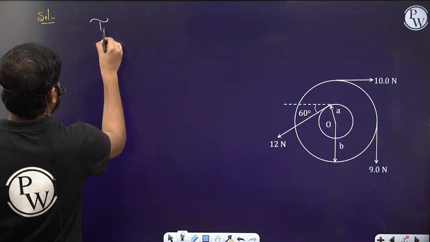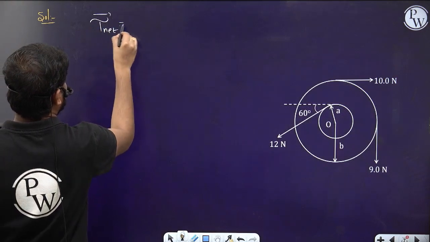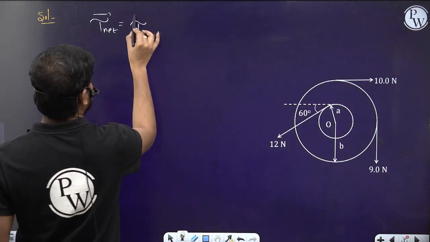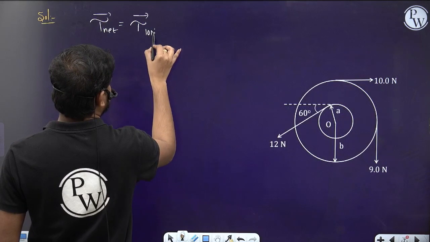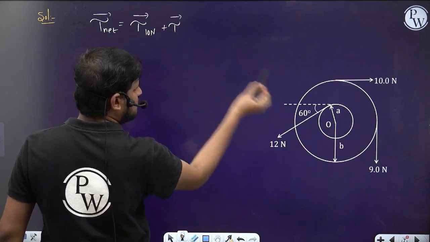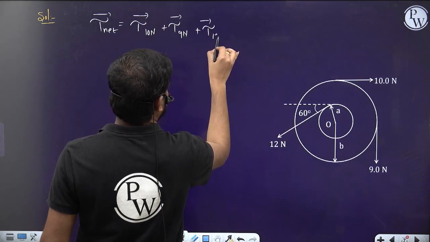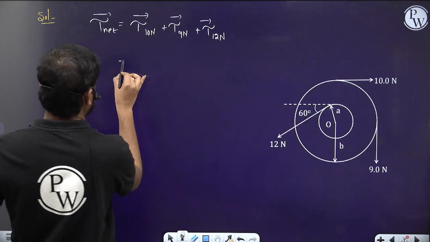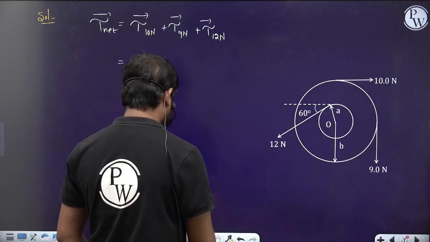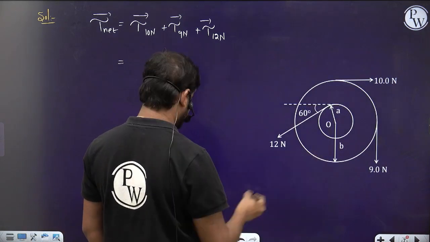So the net torque will be equal to the torque due to, let's start with the 10 newtons force, and the torque due to the 9 newtons force, and the torque due to the 12 newtons force, right? First let's calculate the torque due to the 10 newtons force.